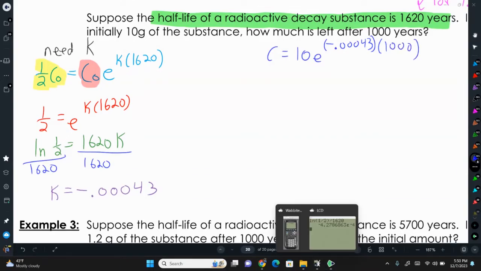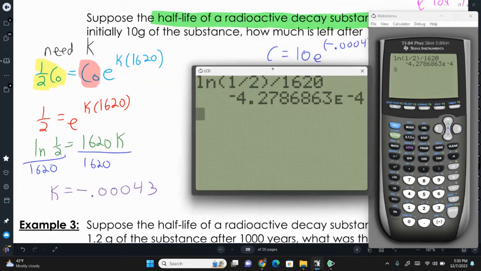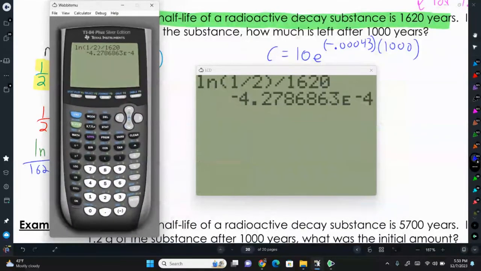So I can type that into my calculator. 10 times e to the negative 0.00043 times 1,000.